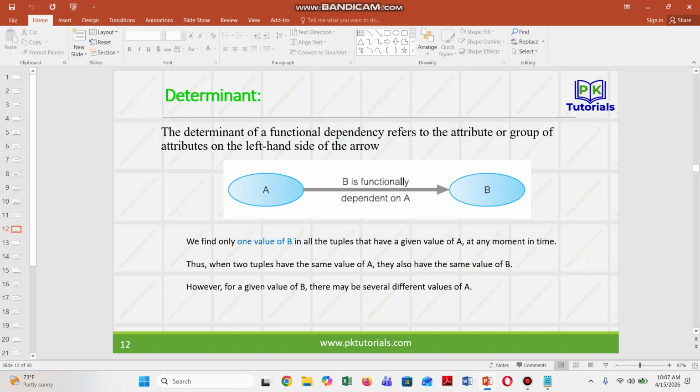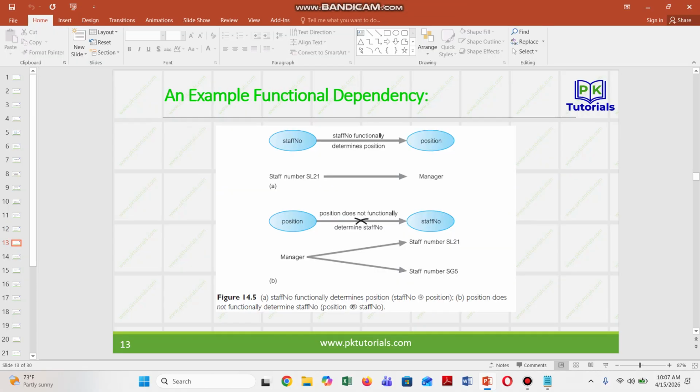This example is only applicable where staff has only one position. For example, in a bank, the staff can be manager, cash officer, or sales officer, and each employee has only one position. So if we know the staff number, we can find out the position. For each staff number there will be only one position.